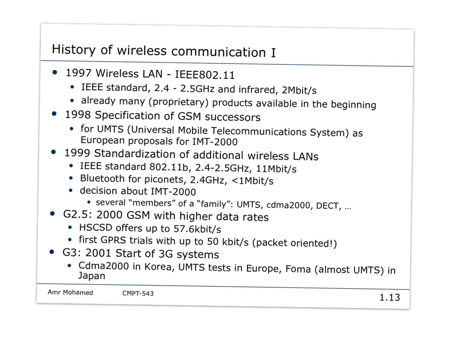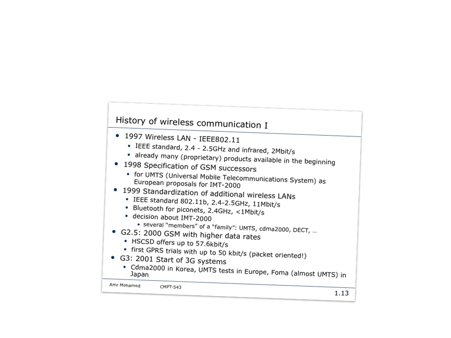GSM, as we said, the first set of standards worked in the 900 megahertz frequency range. And when we say a range using one number, what we mean is actually, this is 900 megahertz, but the signal spans a range of frequency.